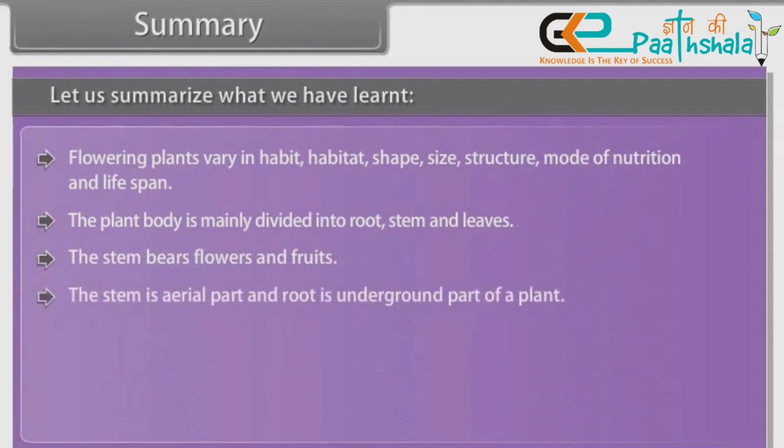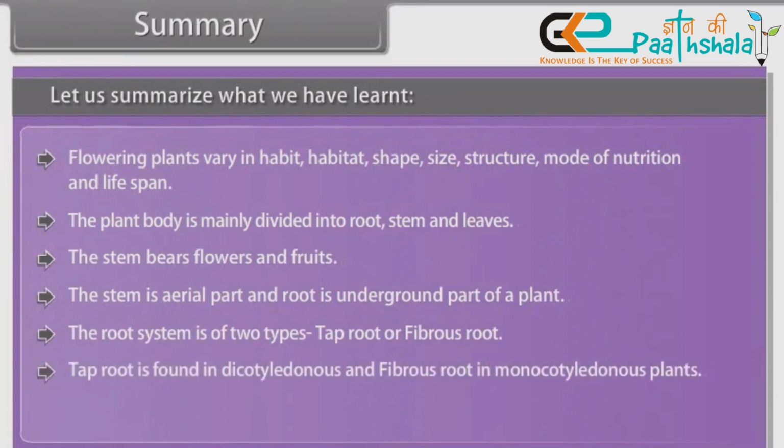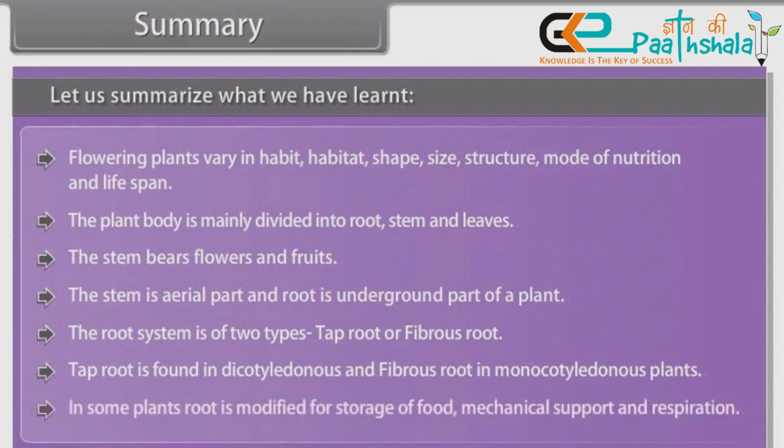The stem is the aerial part and the root is the underground part of a plant. The root system is of two types: taproot or fibrous root. Taproot is found in dicotyledonous and fibrous root in monocotyledonous plants. In some plants, root is modified for storage of food, mechanical support and respiration.